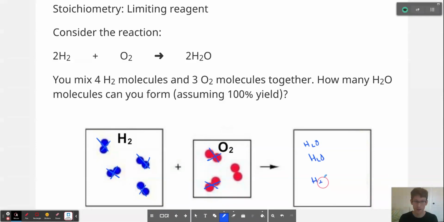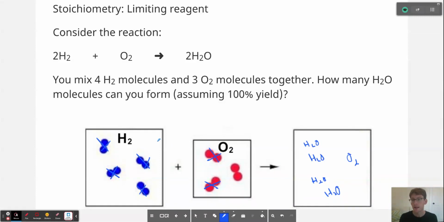So we'll have H2O and more H2O. But notice we're getting, from our 4 moles of hydrogen, 4 moles of water. But from our 3 moles of oxygen, we can't react that last mole of oxygen with any more hydrogen if there's no hydrogen left. So there's still an O2 that's just hanging out over here that hasn't reacted.